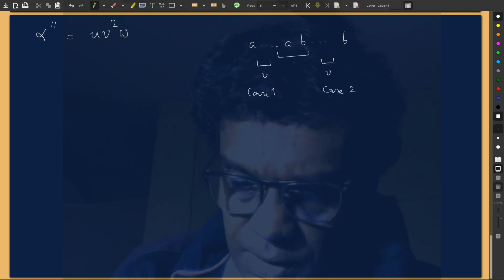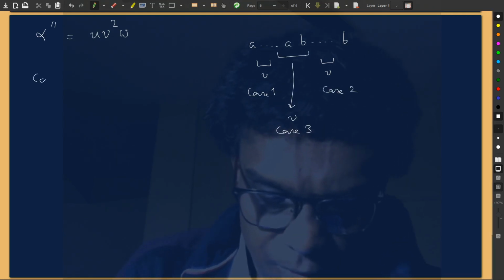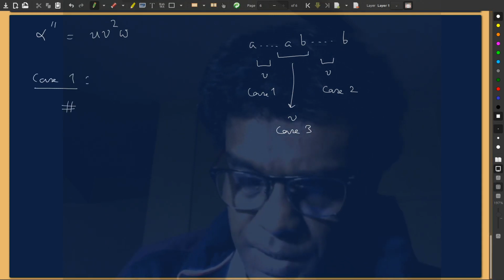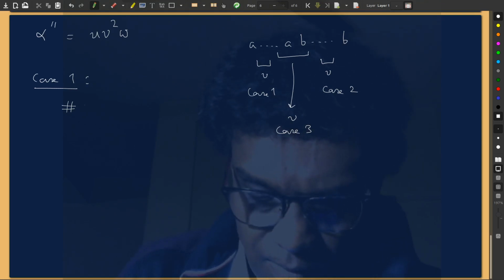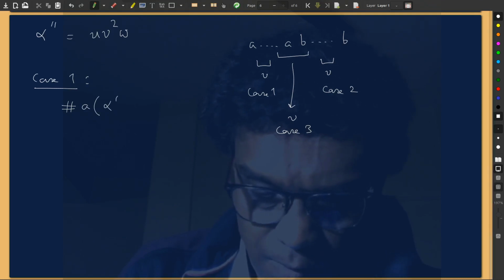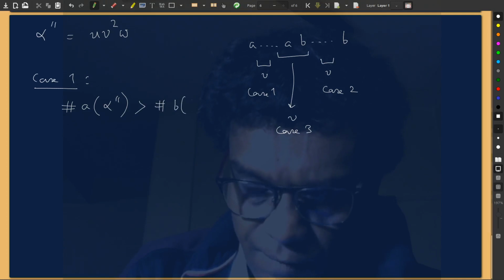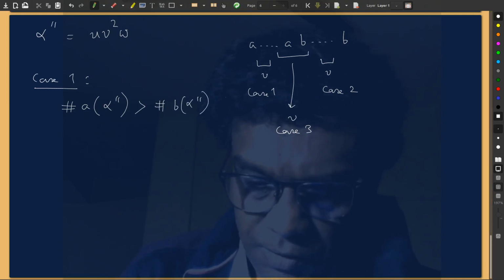And case 3, this is my V. In case 1, I have pumped in some extra A's in alpha. So number of A's in alpha double prime will be bigger than the number of B's in alpha double prime. Still the machine accepts it, so this is a contradiction.